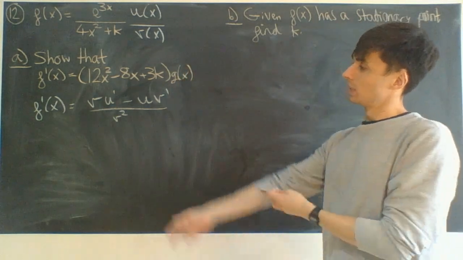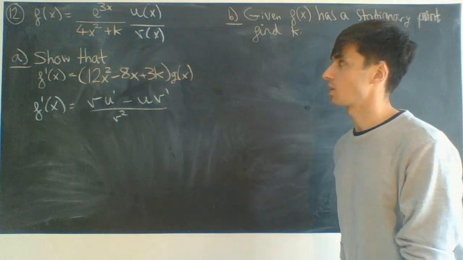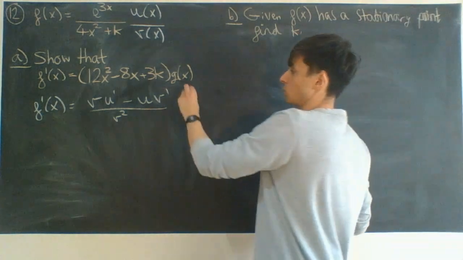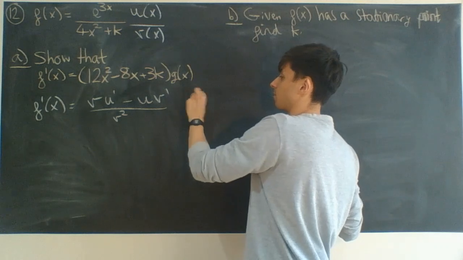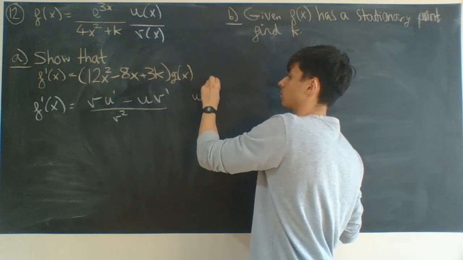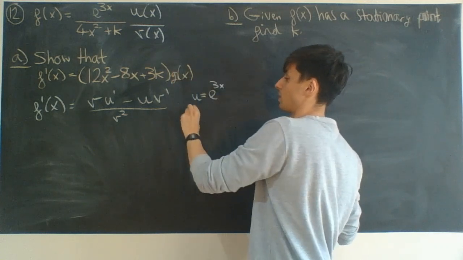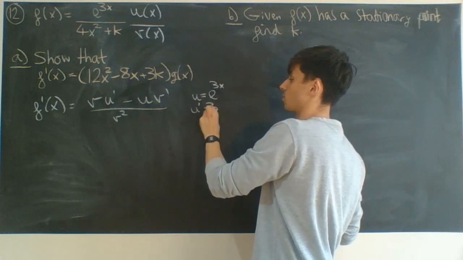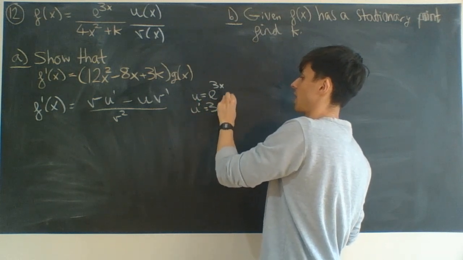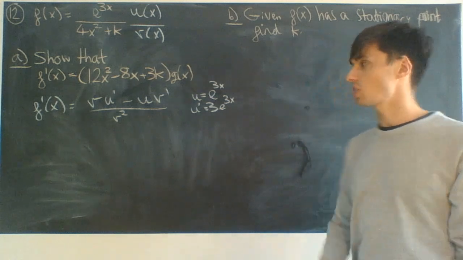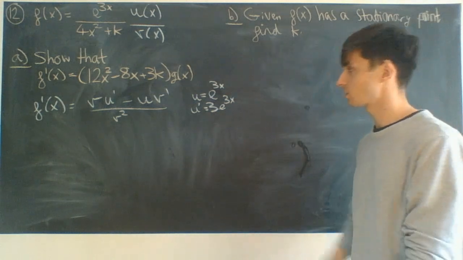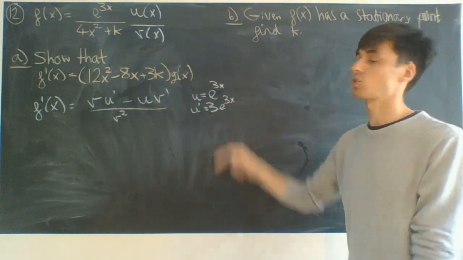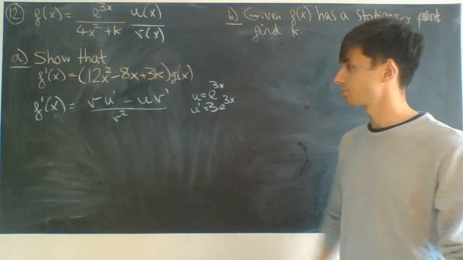Okay, let's continue along the lines of this then. If u is e to the 3x, then u dash is 3e to 3x. When you differentiate e to a function of x, the derivative of that function just comes down in front.